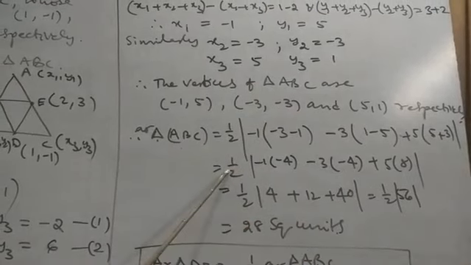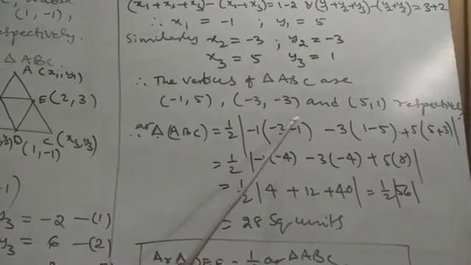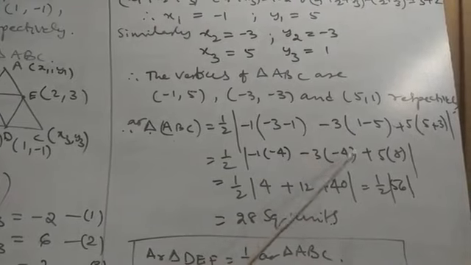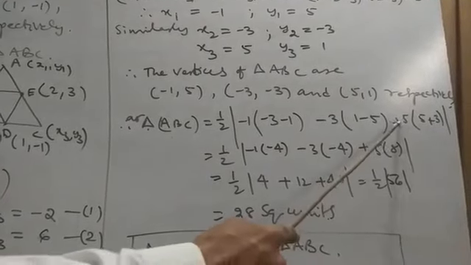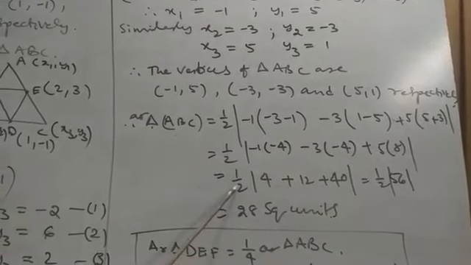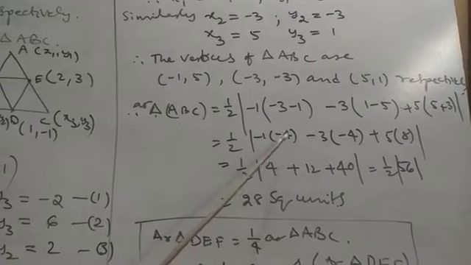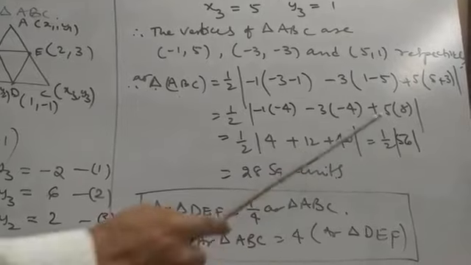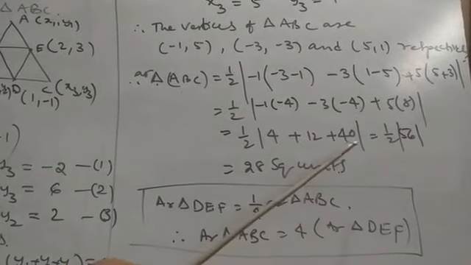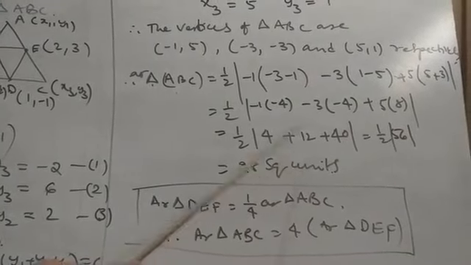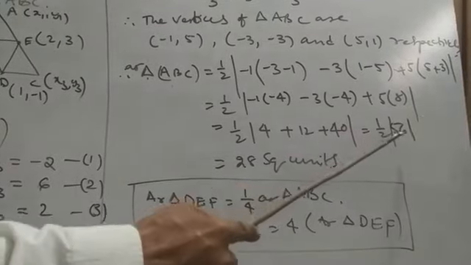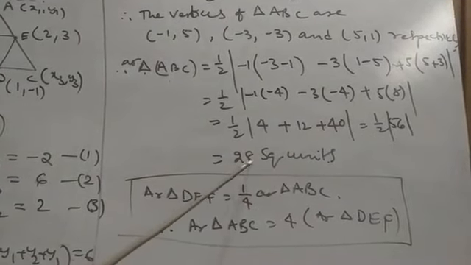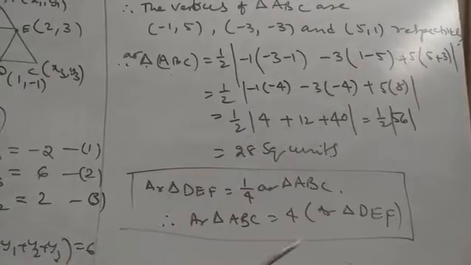It is nothing but half of [-1(-4) - 3(-4) + 5(8)]. That is nothing but half of [-1 into -4 plus 4, -3 into -4 plus 12, plus 5 into 8 plus 40]. So 40 plus 12 is 52, plus 4 is 56. So half of modulus of 56, that is nothing but 28 square units.